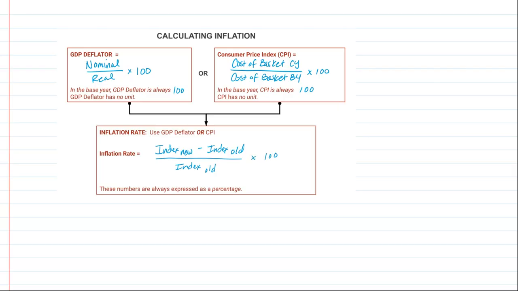So either the deflator or the CPI can be plugged into our rate of change equation, because both of these numbers, the deflator and the CPI, are really just a stand-in for the price level at a given time in the economy.